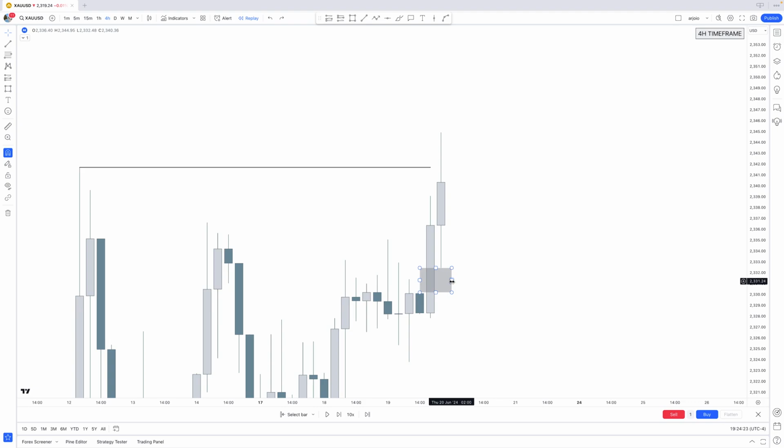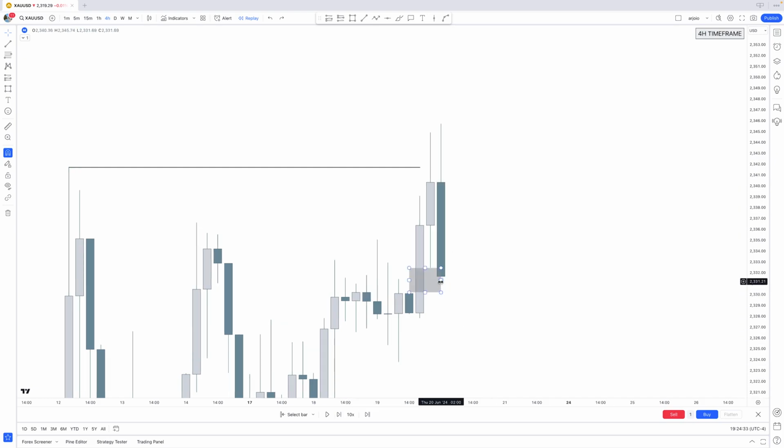We have a discount array that we might want to continue higher off of, so we want to confirm that on the lower time frame. But if we are respecting this premium array whilst coming back into the discount array that we are expecting higher prices off of, that means that we automatically want more confirmation off of this discount array right there. So the entry confirmation needs to be more, which is what we're going to go over in step 2.